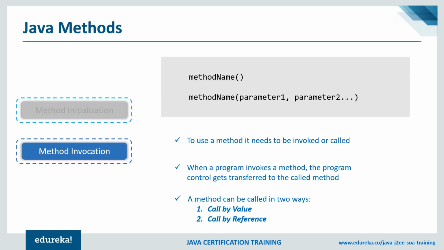If you have inputs, you pass those inputs. A method can take either a value parameter or a reference parameter. When we talk about value, it means all primitives: int, float, char, long, double, boolean. And when I talk about references, it means arrays or strings or user defined objects.